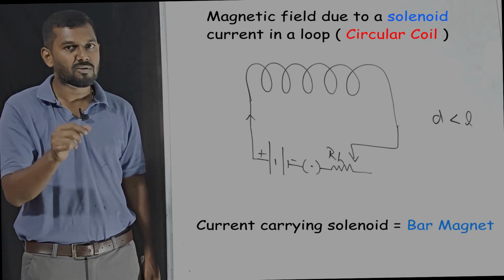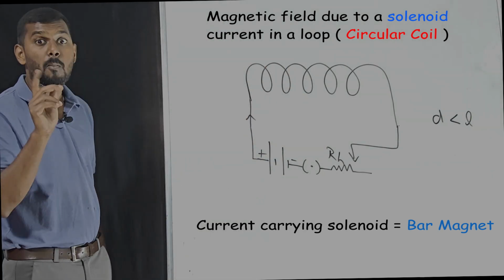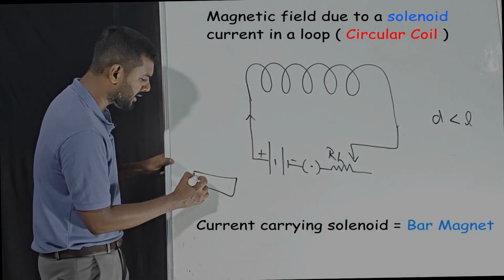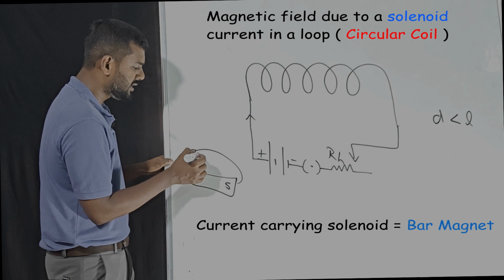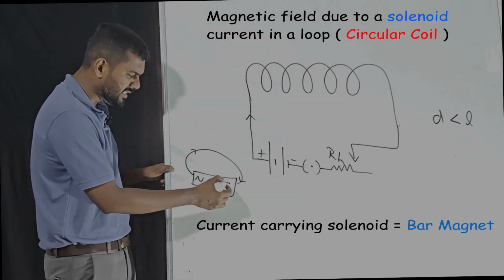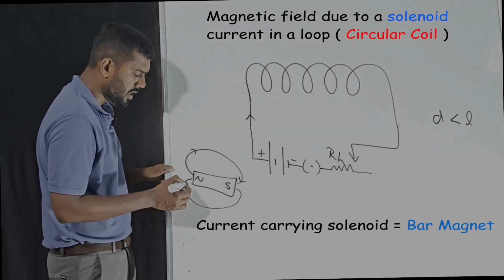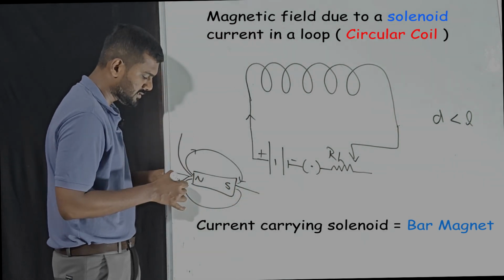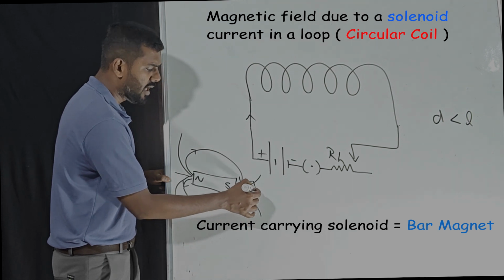In a bar magnet, if this is north and this is south, the direction of magnetic field lines outside is from north to south, and inside it is from south to north. Exactly at the center it becomes parallel. This is what we have done in our labs, correct?